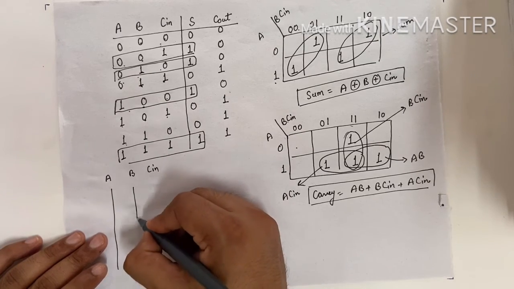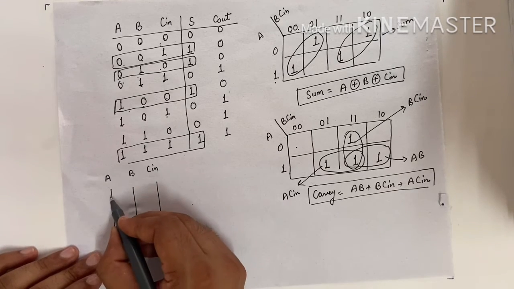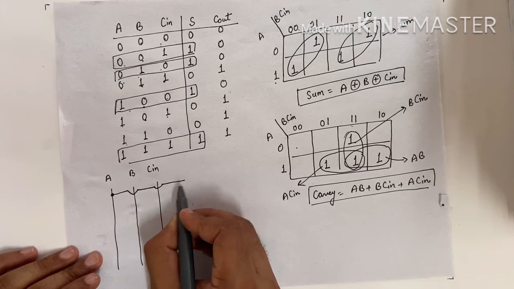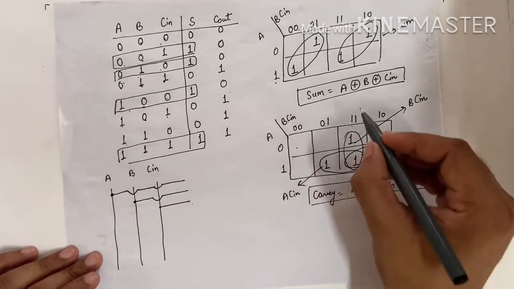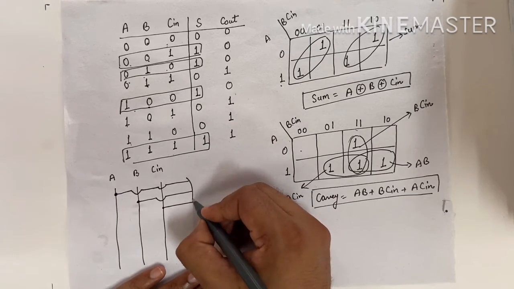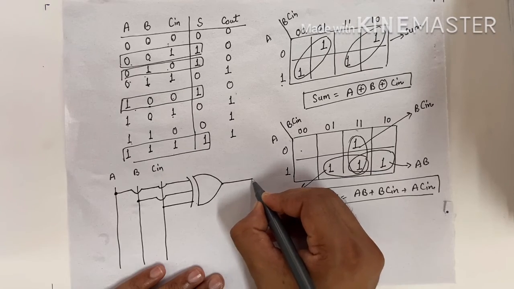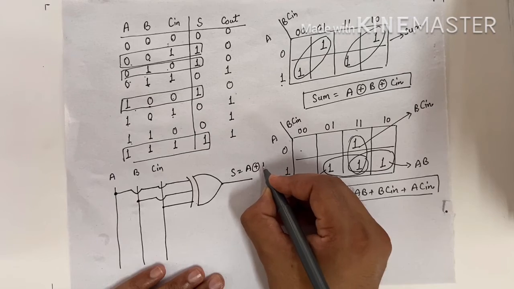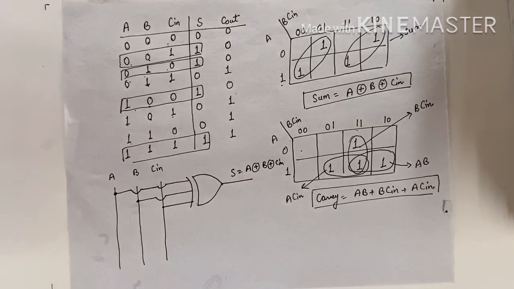We can take A as one input, B as another input and C as another. We have to take the XOR of these 3 inputs, so we can get the sum as A XOR B XOR C input. We can get the sum condition.